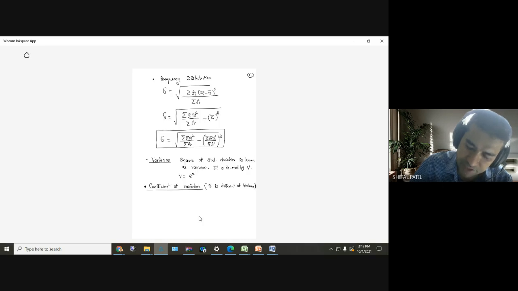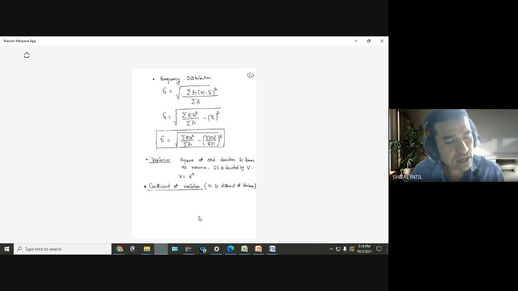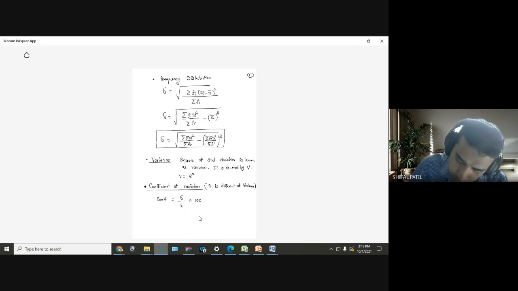Variation means how much variation is there, how much difference is there. Getting it? Is everyone understanding? Okay? So write, coefficient of variation equal to sigma, standard deviation, divided by arithmetic mean, into 100. So what is the meaning of this? We'll understand through the example.